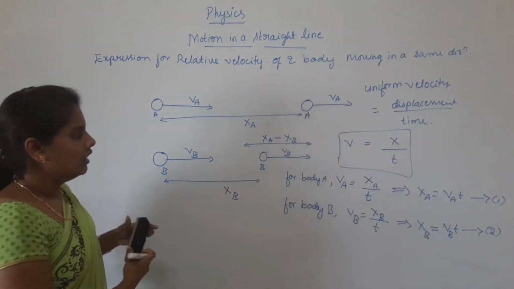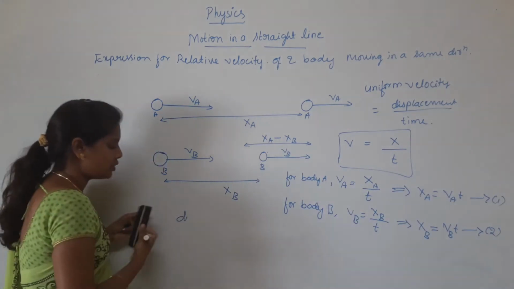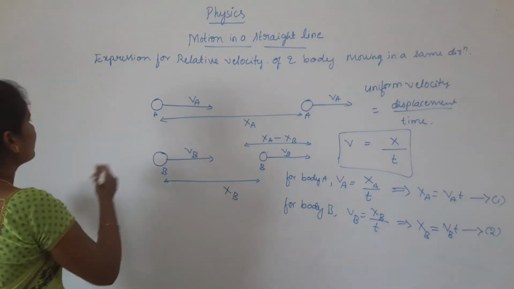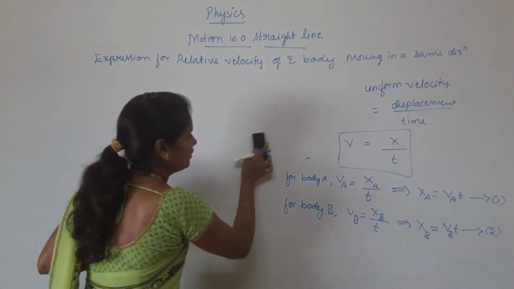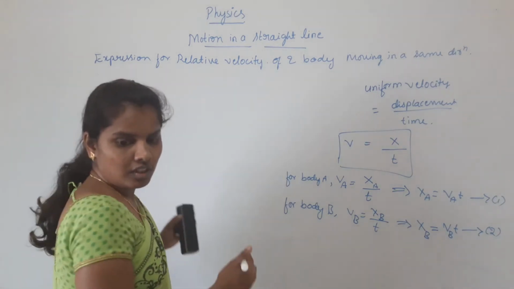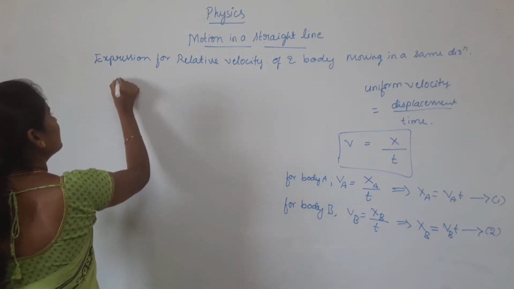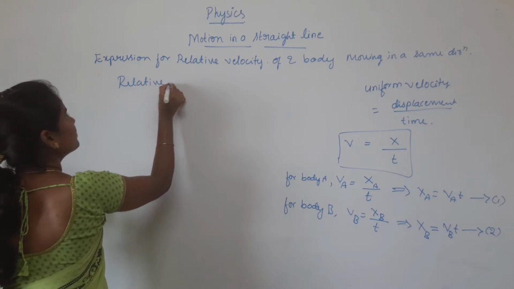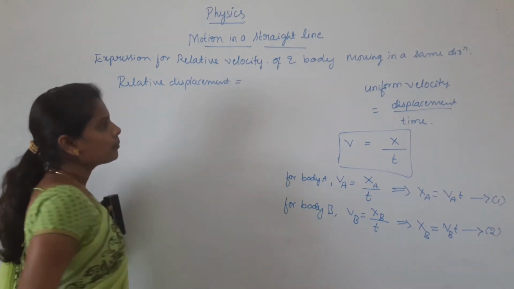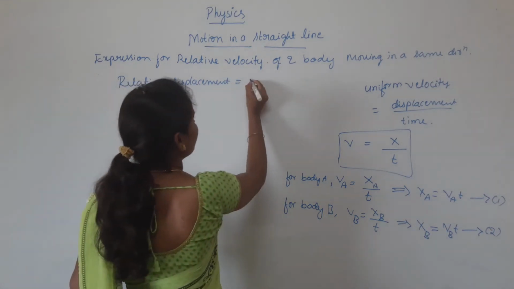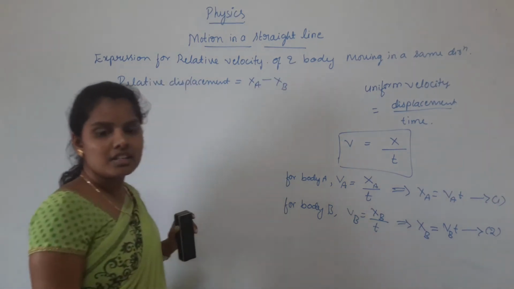Now, what do we mean by the relative displacement of A and B? The relative displacement is given by xa minus xb.